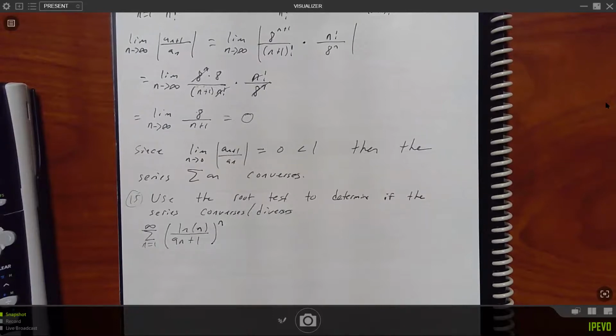So for the root test, we take the a sub n and take the nth root of the whole thing. And then we take a limit. If the limit is less than 1, then we're good.